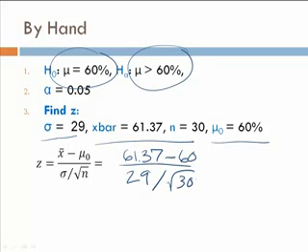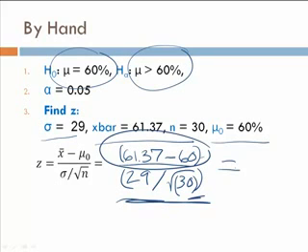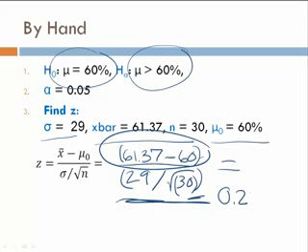Now if we're putting this in the calculator, we can put it in all at one time, but we need to use parentheses so that our calculator knows that all of this is in the numerator together and all of this is in the denominator together. When we put all of these numbers into the calculator, we will get 0.25875. And that is our z-score that we will use.